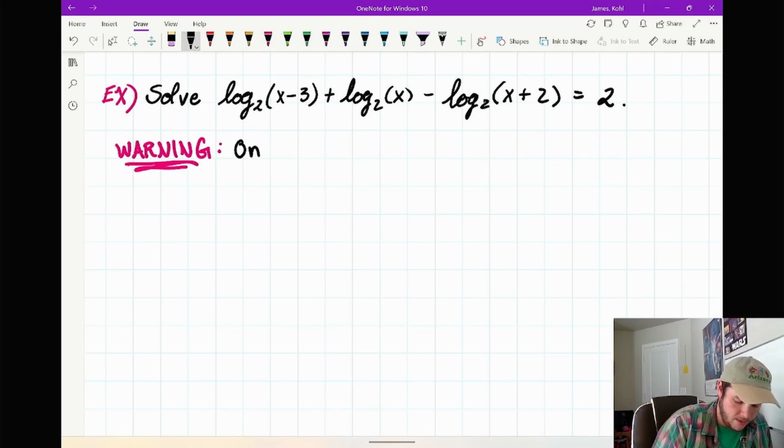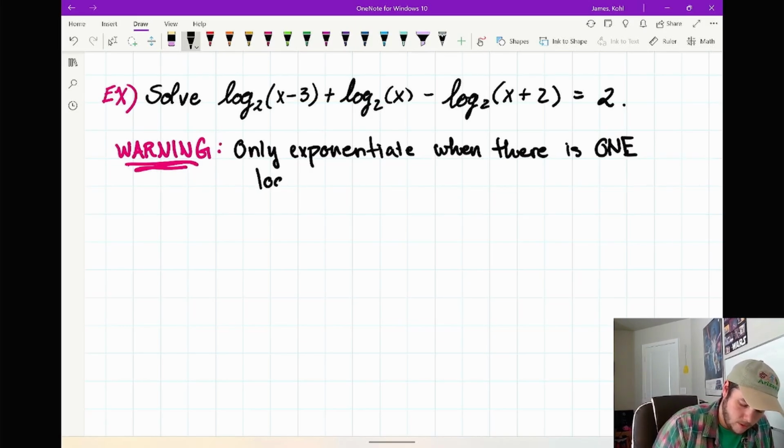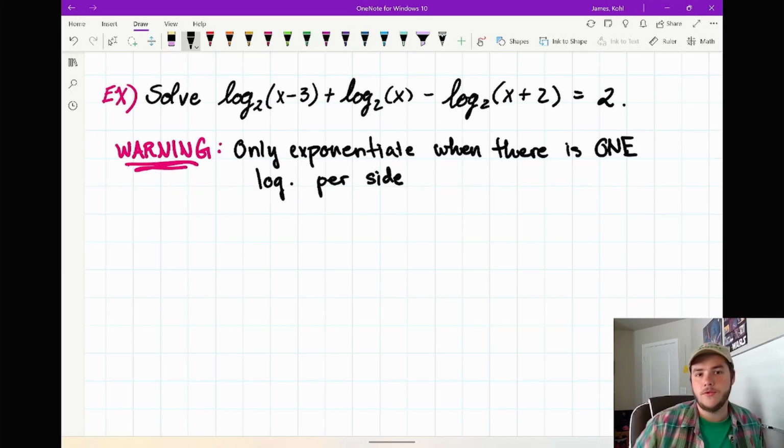You should only exponentiate when there is one logarithm per side of the equation. But here you'll notice I have 3 logarithms on the left-hand side. So the first step is going to be to condense all of these into a single logarithm.